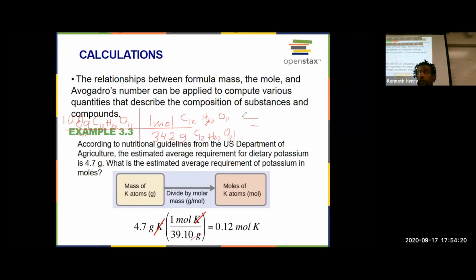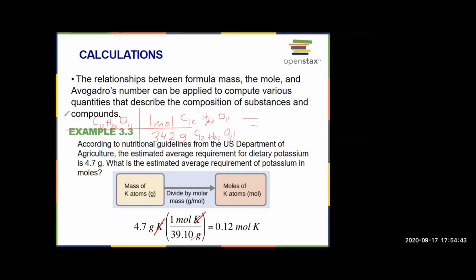So let's say I have a pound of sucrose. What would I do differently in that case?